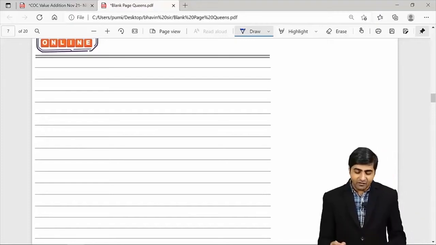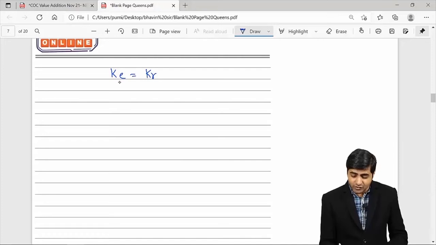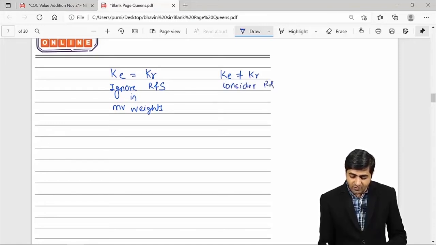So whenever your KE is equal to your KR, in such a situation we ignore reserves and surplus in market value weights. But my dear students, here KE is not equal to KR and therefore we will have to consider reserves and surplus in market value weights.